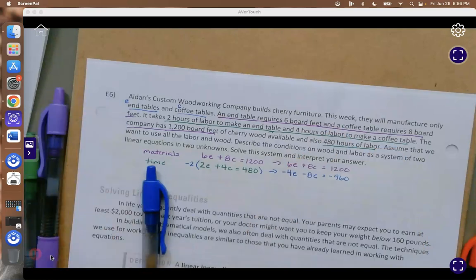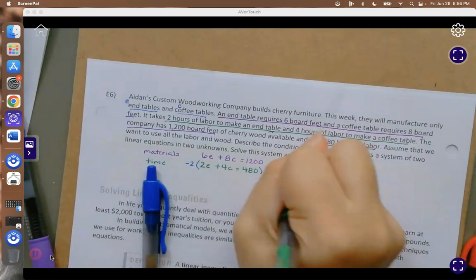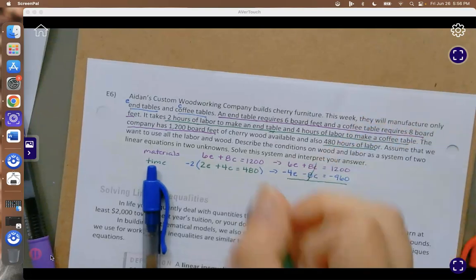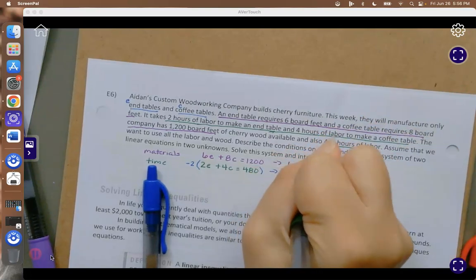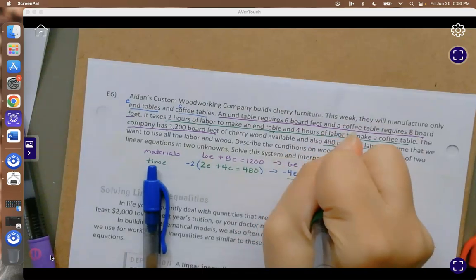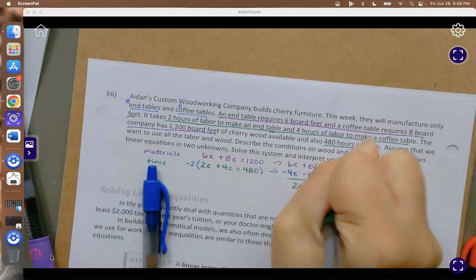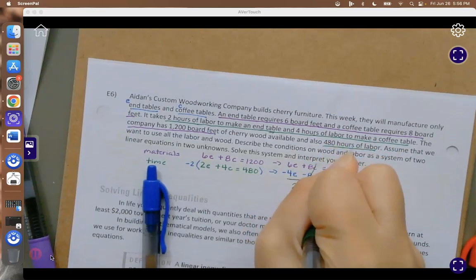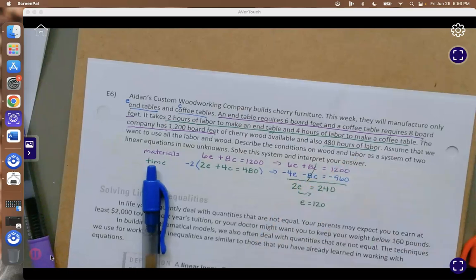Okay, so when we do this, 8c's cancel. This becomes a 2e. 1200 minus 960 is 240. We divide by 2. That means we have 120 end tables.